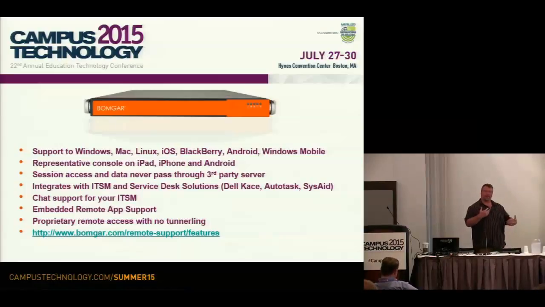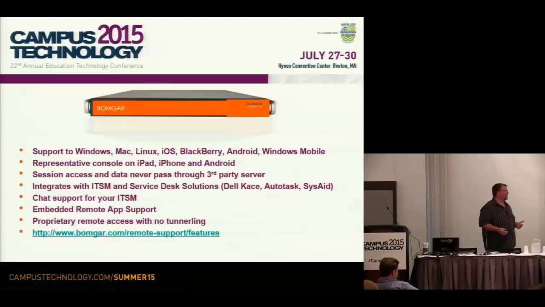So you can see where that app is failing as it's running. And they're constantly adding. I just got an email while I was checking into the hotel yesterday from Sophie over at Bomgar. They've added another feature. That's one thing I love about Bomgar. Constantly upgrading, constantly moving on, always looking for something new to add to this appliance.